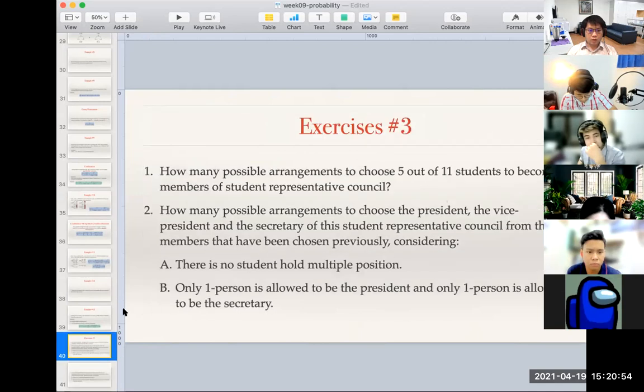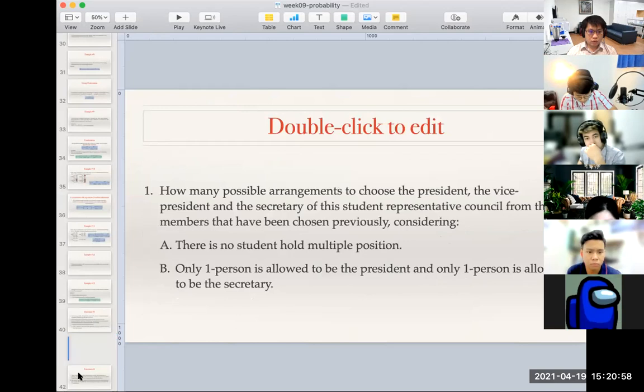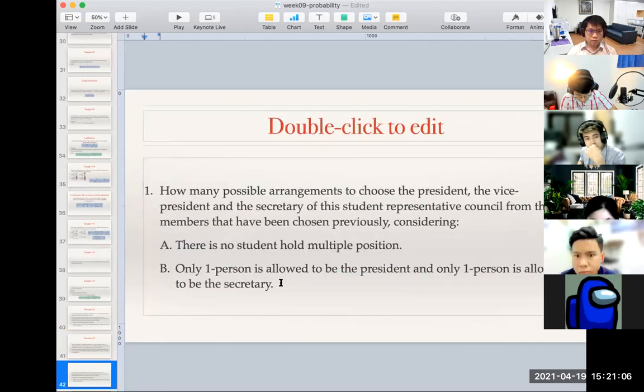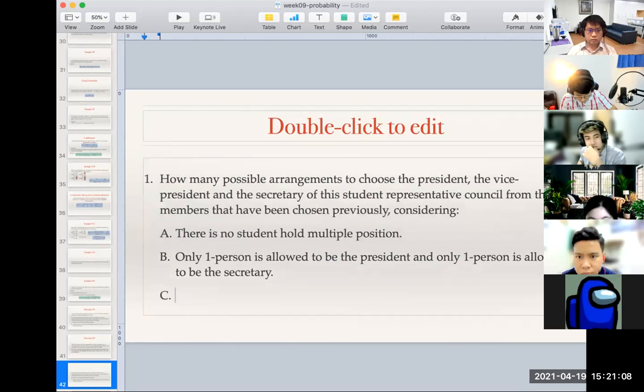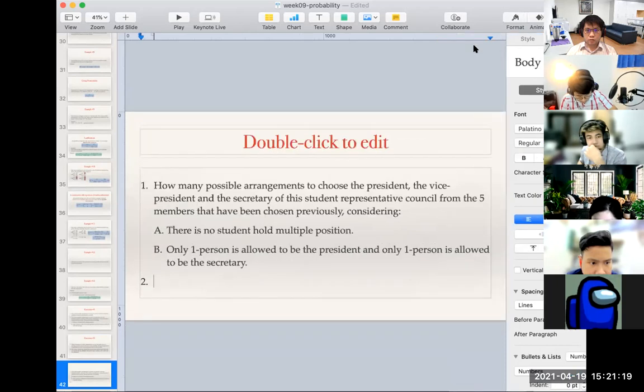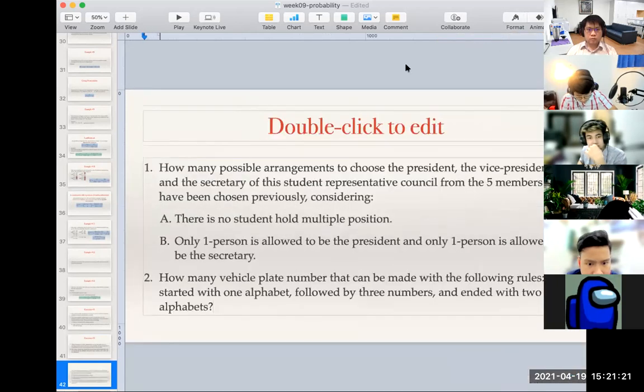And this one, and question number 4. So these two questions.